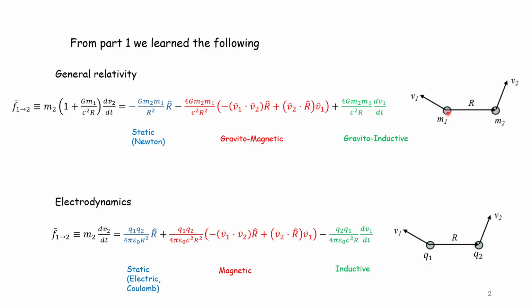You can think of the force as mediated by the graviton, or by the photon, respectively, and the mediation speed is the speed of light. That's why the speed of light appears here. Because of this finite mediation speed, we get this kinematic correction. Had the speed of light been infinite, so instantaneous action at a distance, then we put c equal infinity and the kinematic correction disappears.